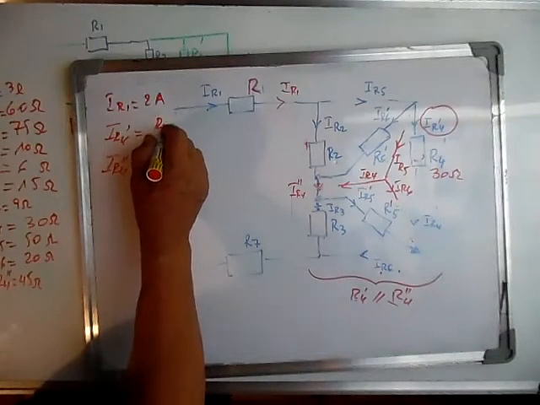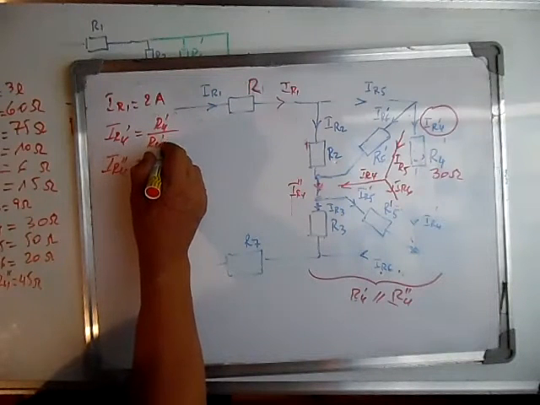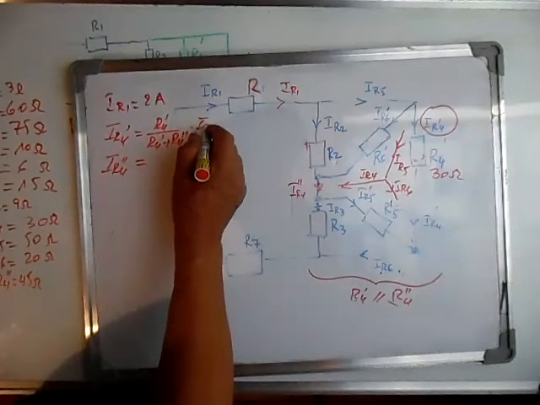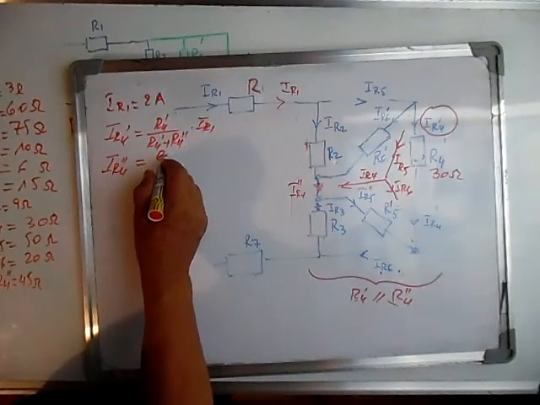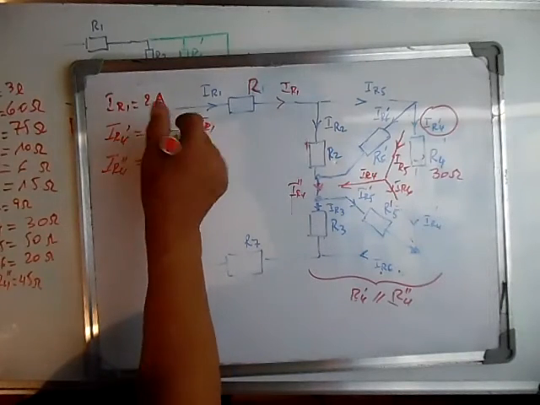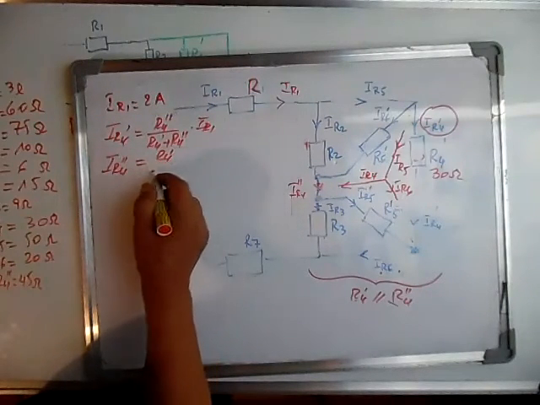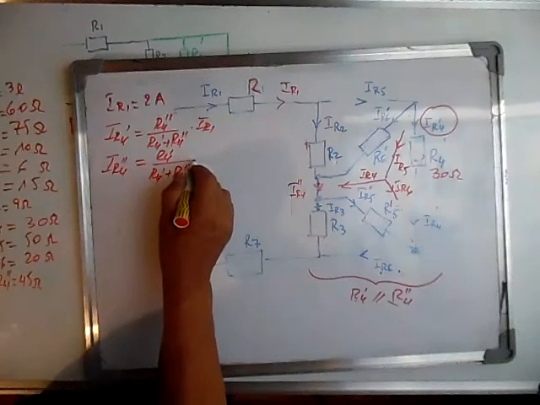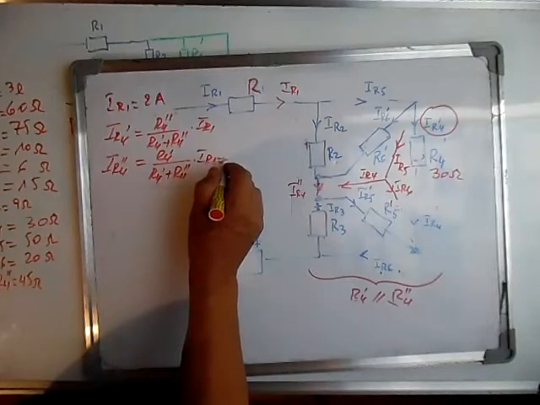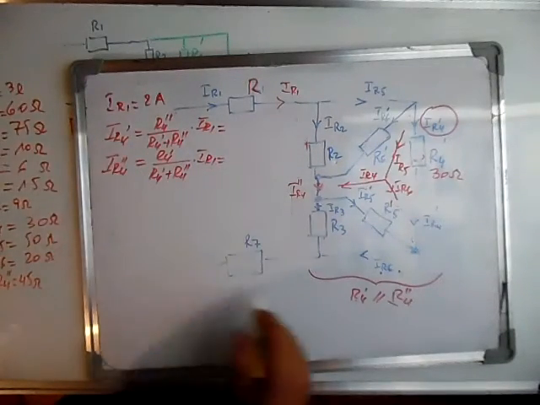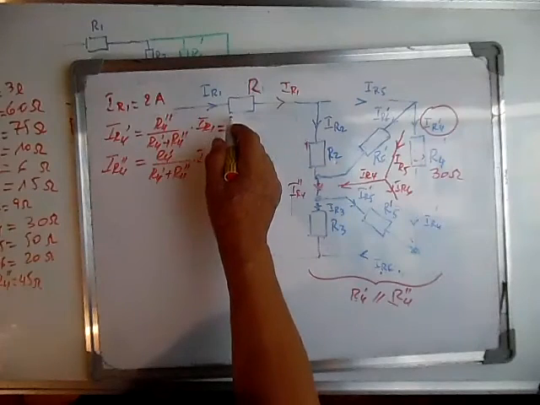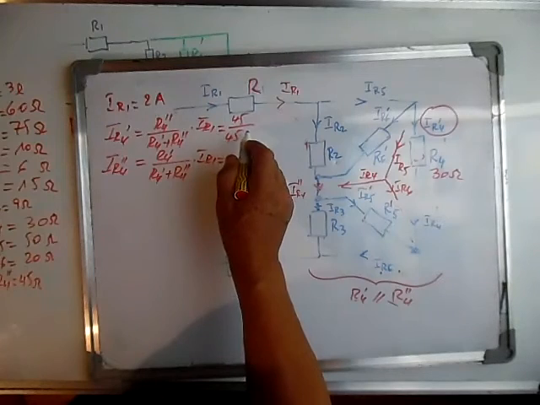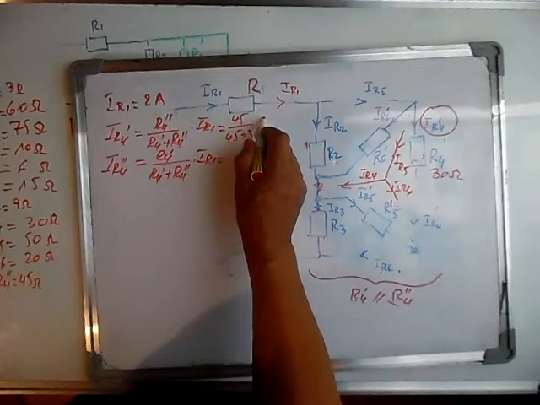This is R4 prime over R4 prime plus R4 second times IR1. Here it's R4 second over R4 prime plus R4 second times IR1, and here R4 second is 45 over 45 plus R4 prime, R4 prime plus 30 times 2.